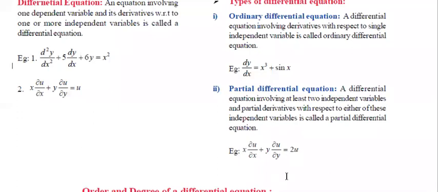Here see that partial differentiation is with respect to x and with respect to y. So two independent variables are there. That's why we say this equation is a partial differential equation.